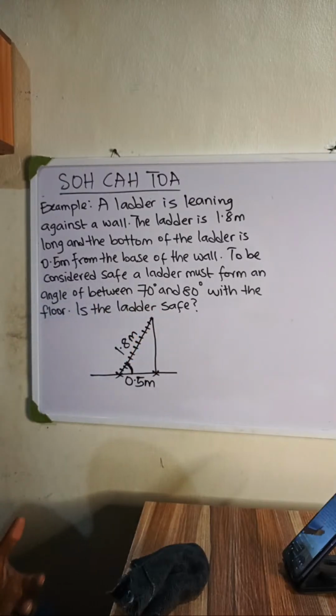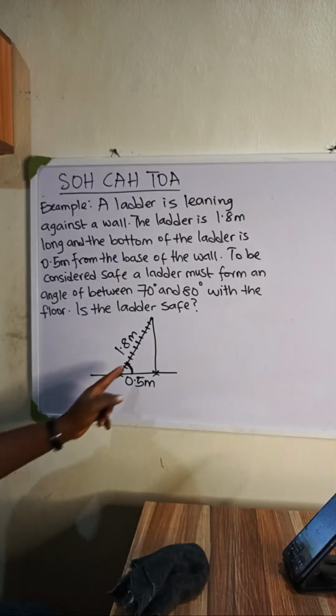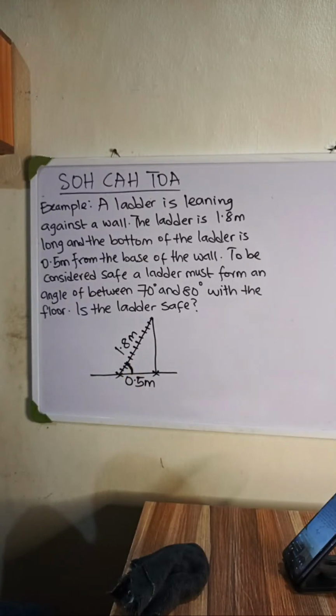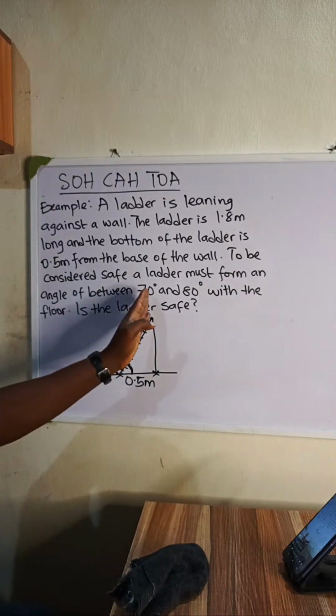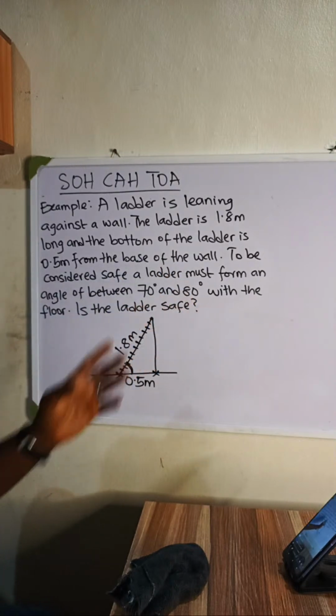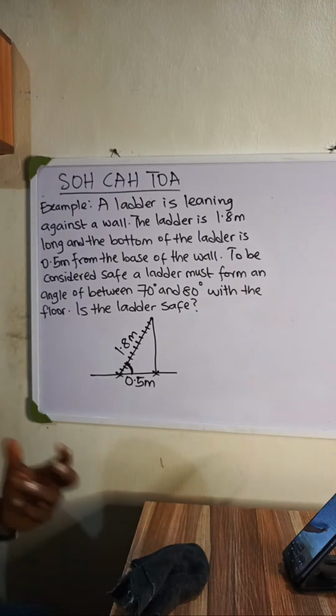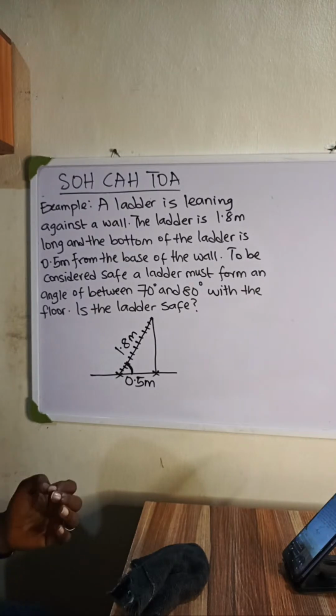So how do we know if the ladder is safe? First, we need to find this angle. When we found the angle, if the angle is between 70 and 80 degrees, then we can say that this ladder is safe. If it is not between that, then it is not safe.